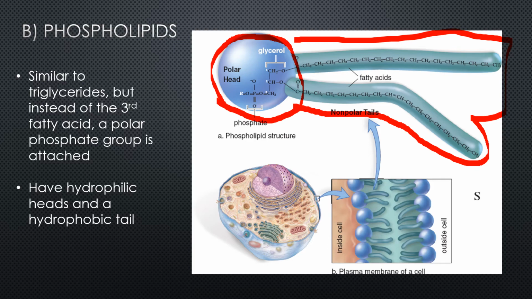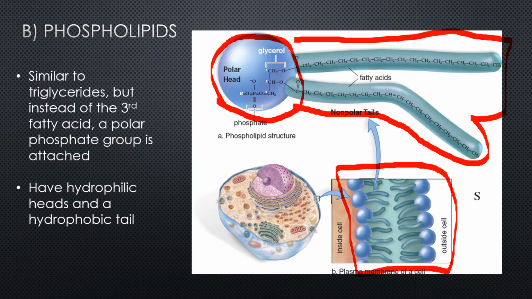So phospholipids then, when they come together, tend to make these bilipid layers. And that is what composes the plasma membrane of a cell, is these 2 layers of phospholipids. We call that a phospholipid bilayer.